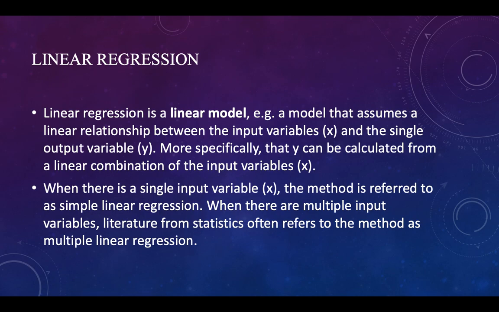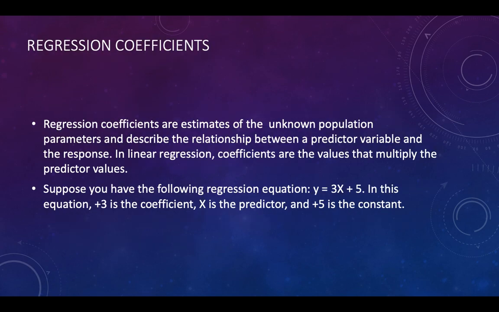So let's start with what a regression coefficient is. Regression coefficients are the estimates of the unknown population parameter and describe the relationship between the predictor variable and the response. As I told you, the input variable is called the predictor variable.